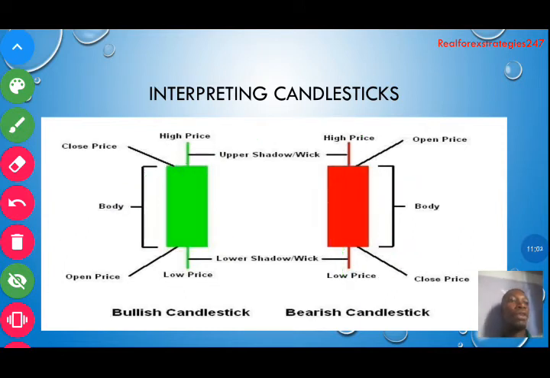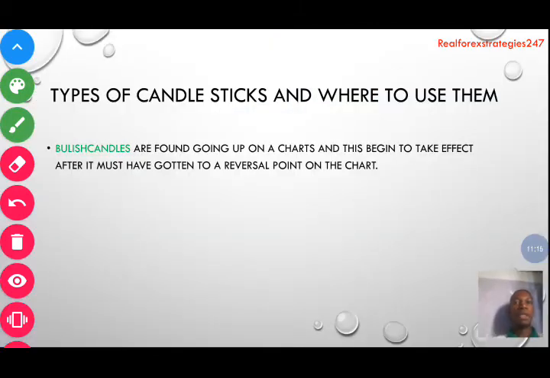So moving on. Next slide. Next slide. So types of candlestick and where to use them. Now we have bullish candlestick. Bullish candlesticks are found going up on a chart, and this begins to take effect after it must have gotten to a resistance.